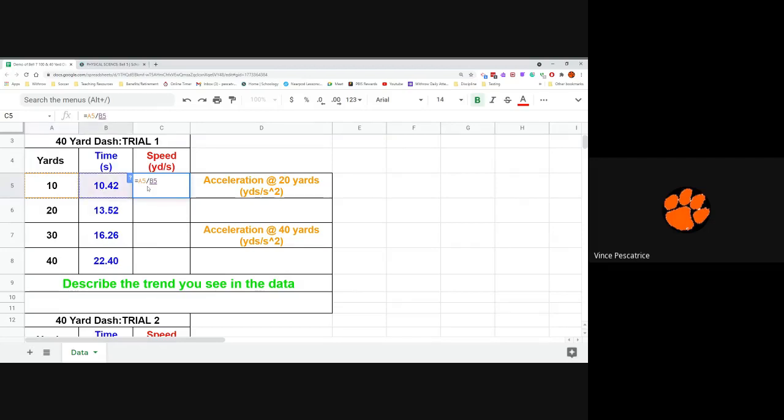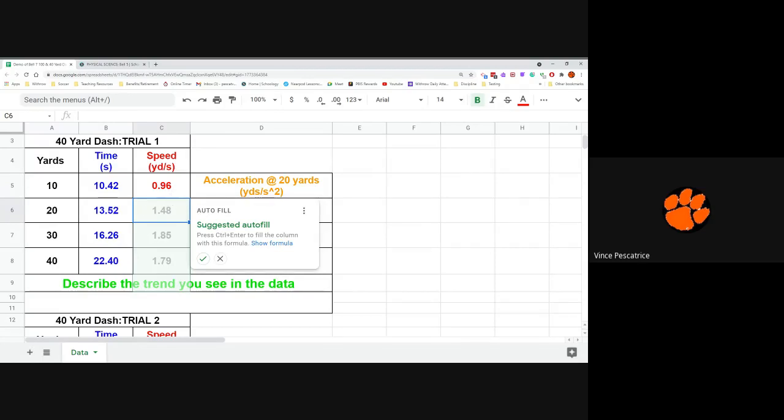Now you have A5 slash B5. You should see the boxes that you're using outlined in orange and purple. That helps show you what the computer is about to do. Once you do this, you can go ahead and hit enter, and it'll spit out a time for you.